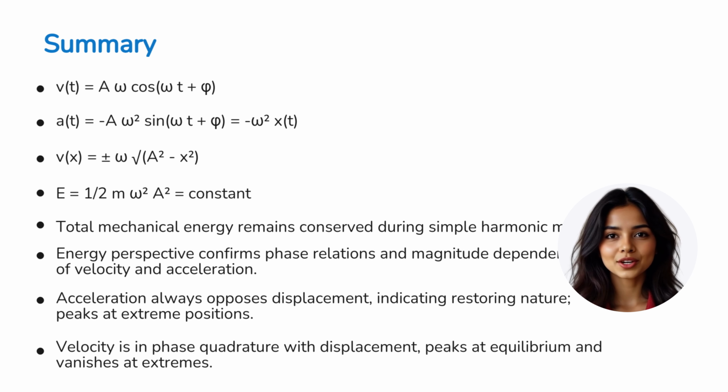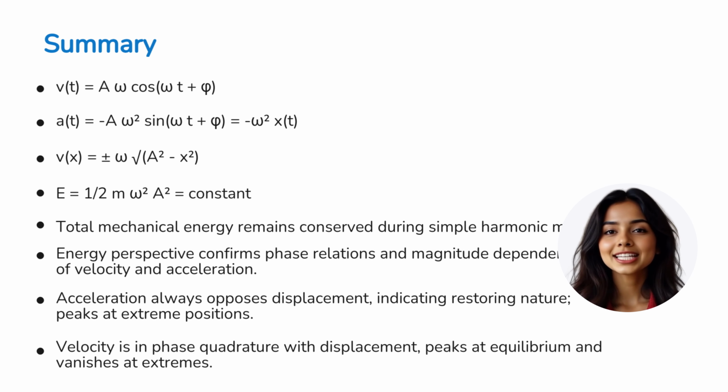Velocity as a function of position is plus or minus omega times the square root of amplitude squared minus x squared, showing how speed depends on displacement. Total mechanical energy remains constant throughout motion at 1/2 times mass times omega squared times amplitude squared.